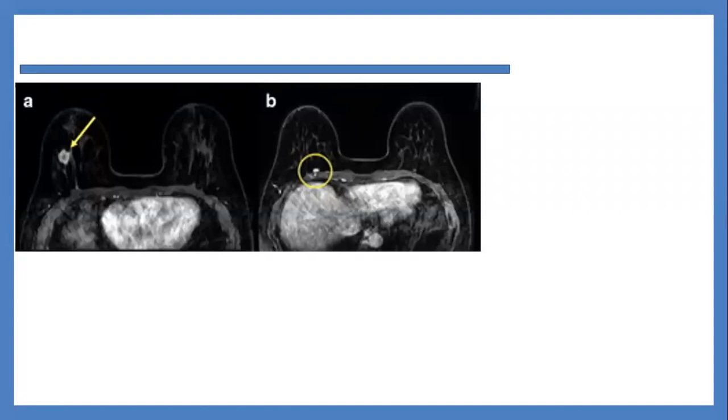Would you like to take this case? MRI breast, fat sat with contrast, showing in the right breast a mass which is irregular with heterogeneous enhancement, as the center of the mass is not enhancing.